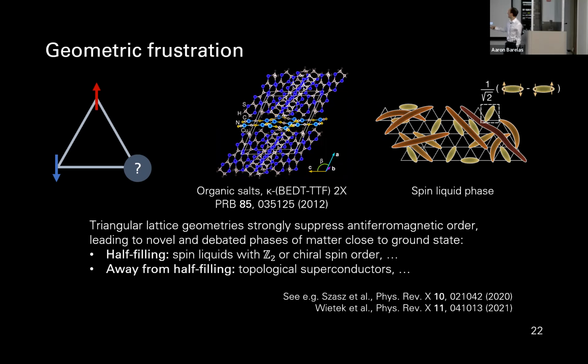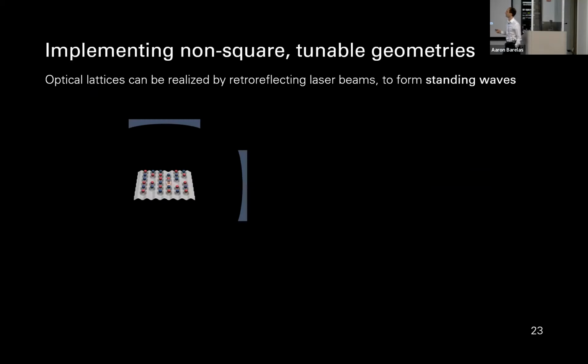And here I'm showing two recent works, but of course it's a very narrow selection of the entire literature that has been produced about geometric frustration and strong correlations. So now, how do you implement geometries beyond the square geometry in the lab? Maybe let me tell you exactly how we create optical lattices in reality.